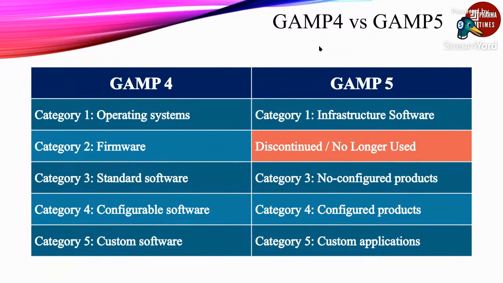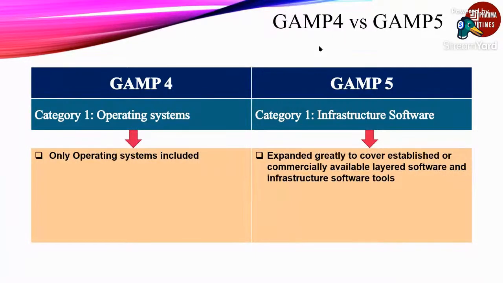Now it is considered in category 1, 3, 4 and 5. So this category is eliminated in the recent guideline GAMP 5. So let us see one by one.